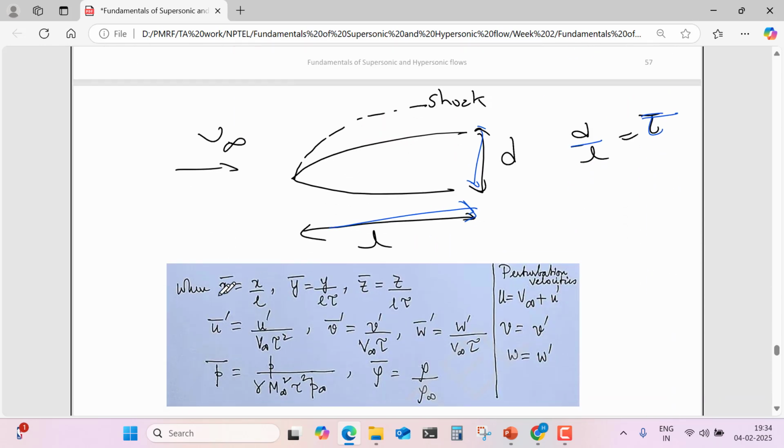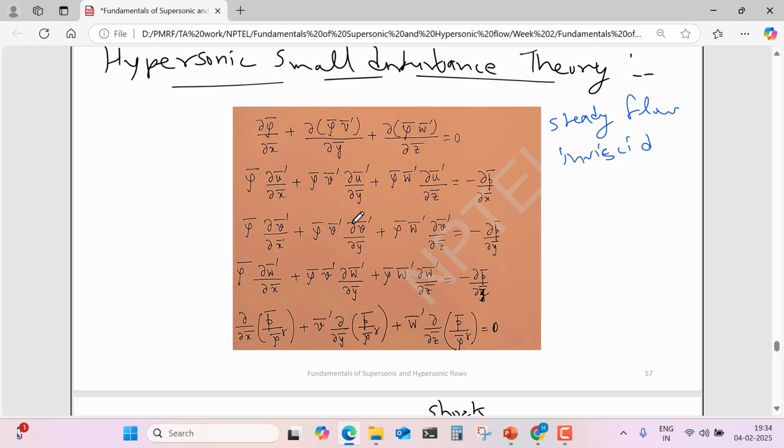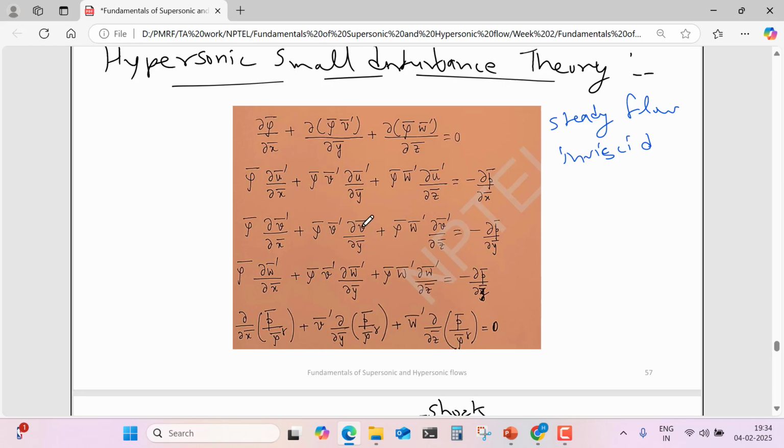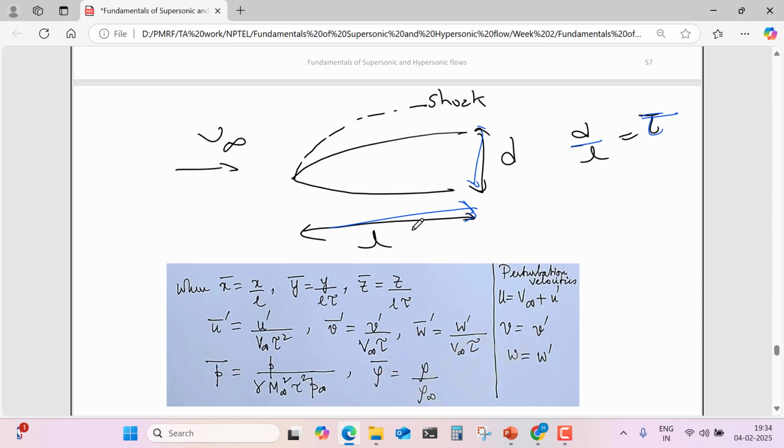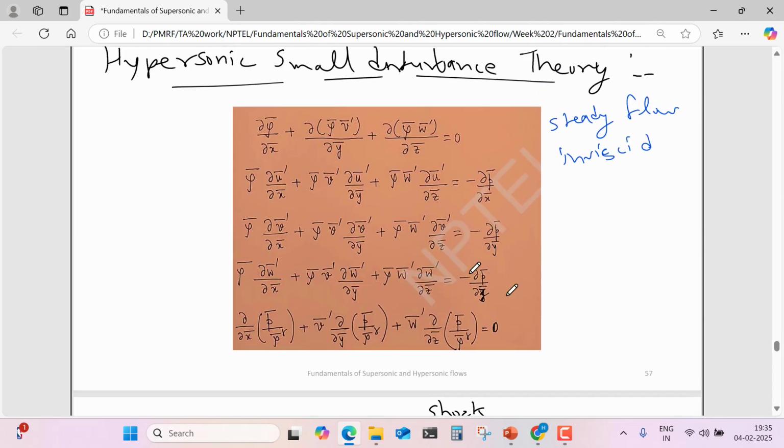And we write x bar equal to x by L, y bar equal to y by L tau, z bar equal to z by L tau, because mainly changes are happening in y and z direction. As in the x direction velocity is very high, there will not be much change in the free stream velocity. So u cap will be very less. So by using this, we can find these hypersonic small disturbance equations.